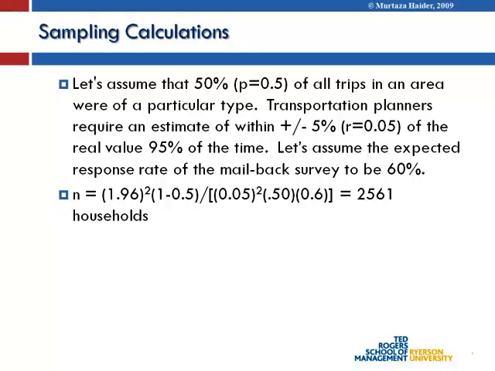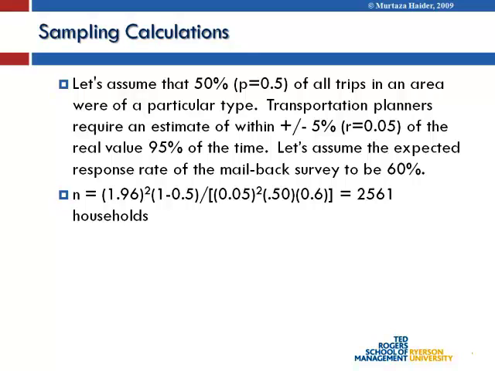So R, the margin of error, in this case is 0.05, and the estimate has to be within 95% confidence of the real value. That would be the alpha, which I mentioned earlier, and the Z statistic for a 95% confidence level is 1.96.